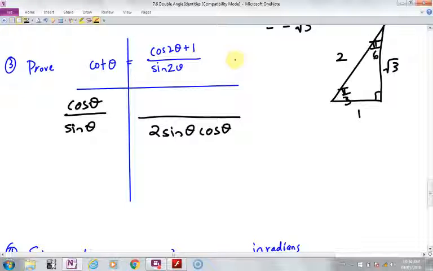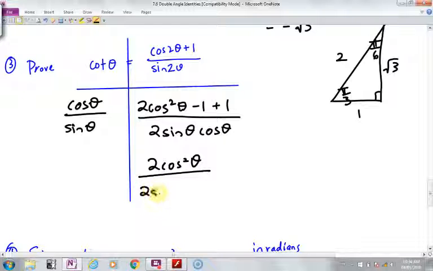So I'm going to write, instead of cos 2 theta, 2 cos squared theta minus 1. So that's cos 2 theta, and then I have the plus 1 there. Okay? So that the minus 1 and the plus 1 are gone. And I have 2 cos squared theta over 2 sine theta cos theta.